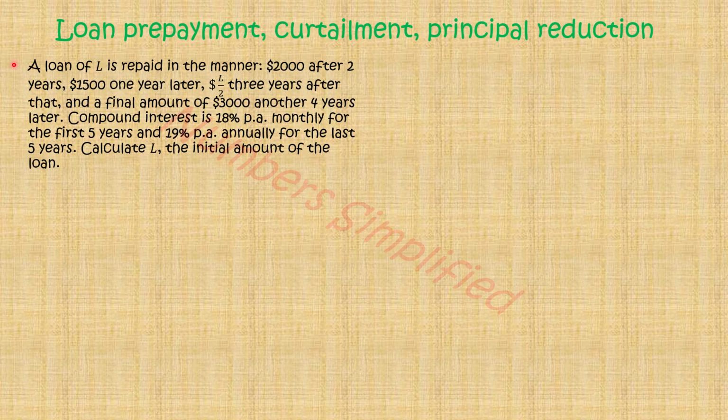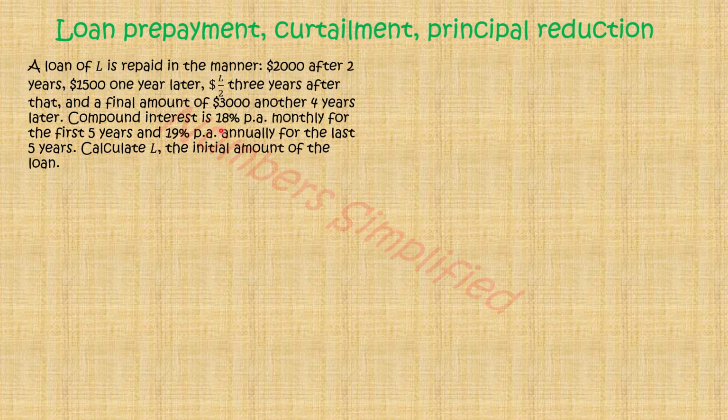Let's consider example 2. A loan of L is repaid in the manner $2,000 after 2 years, $1,500 after 1 year, and L divided by 2, 3 years after that, and a final amount of $3,000 another 4 years.